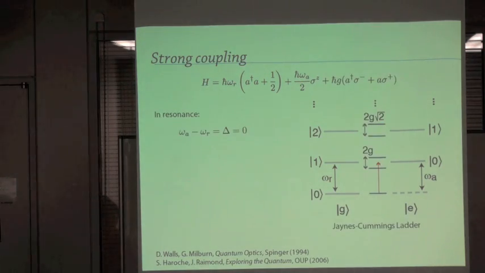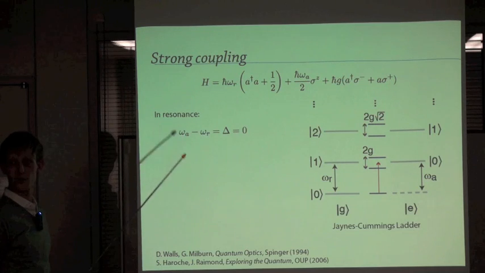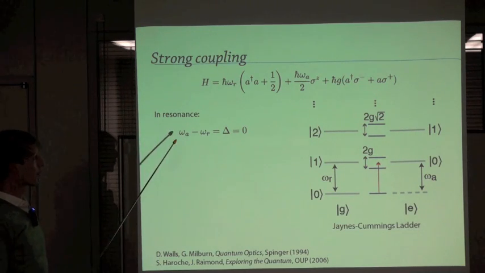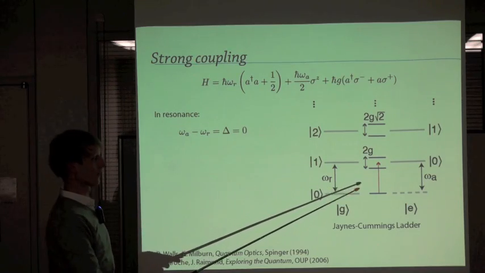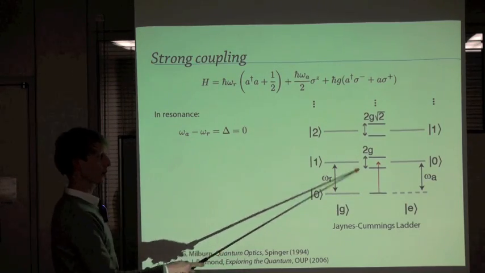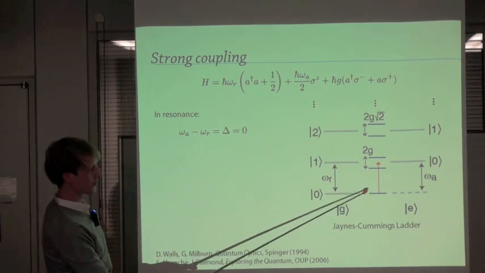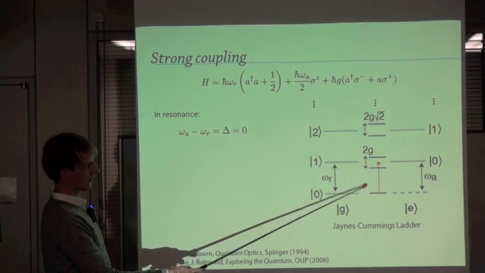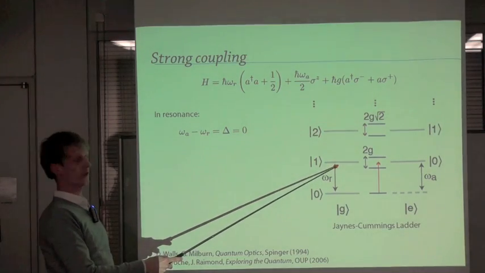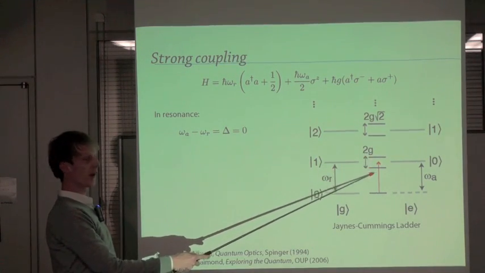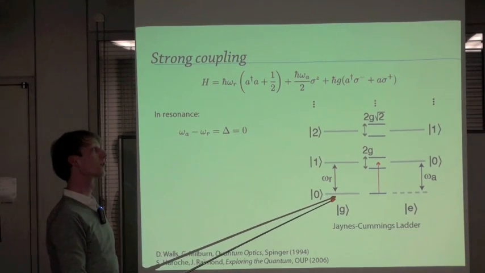Now if we add interaction, if we add this term, and consider the resonant case when both systems have the same frequency, the energy levels will change and take on this form, which is sometimes called the Jaynes-Cummings ladder. Here you see the ground state. And here in the one excitation manifold, the levels are no longer degenerate. They will split up and be separated by 2 times the coupling constant.